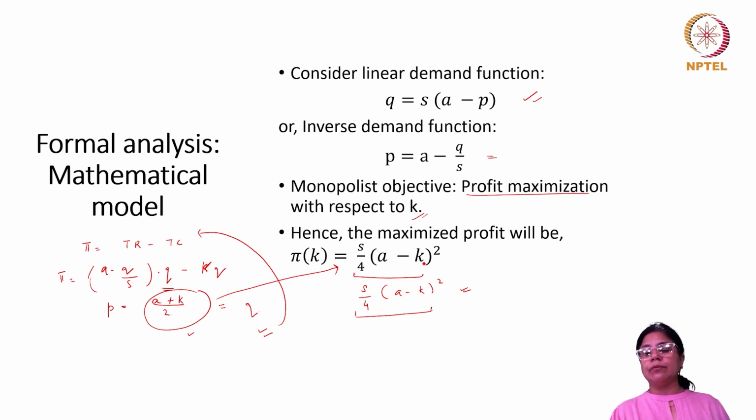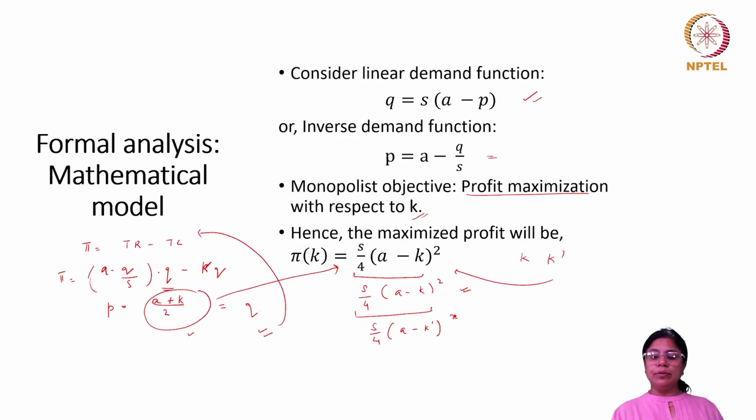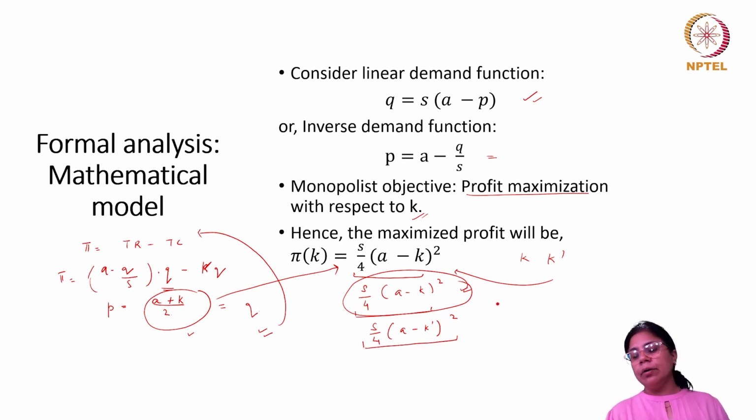So if you make this calculation, in the earlier result, if the cost of production is not K but K prime, again with the same demand function we should be able to get that the profit would be equal to S by 4 A minus K prime whole square. So then what are we going to do? We are going to subtract this term, which is the profit attained by the monopolist when the cost of production is K, from the profit which the firm will get when the cost of production is K prime.